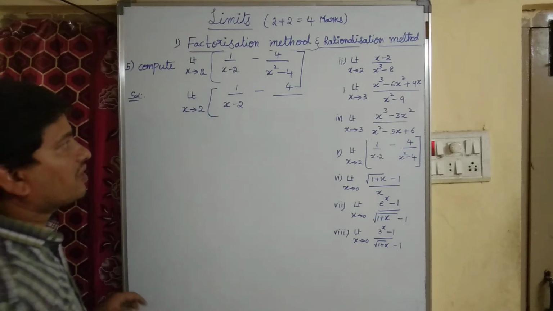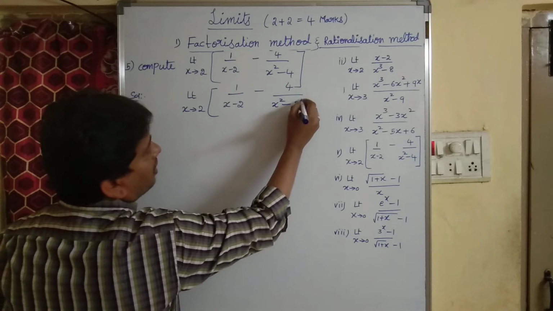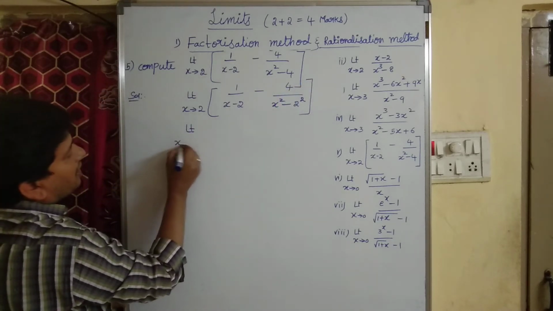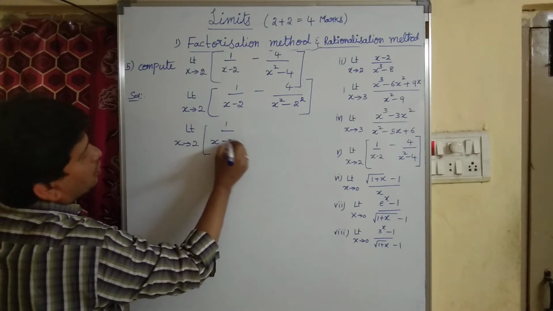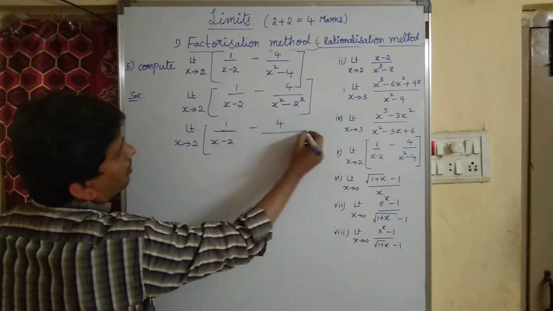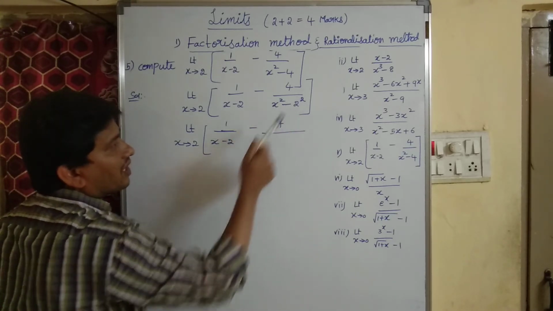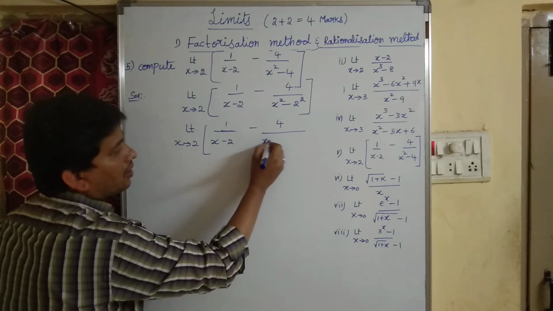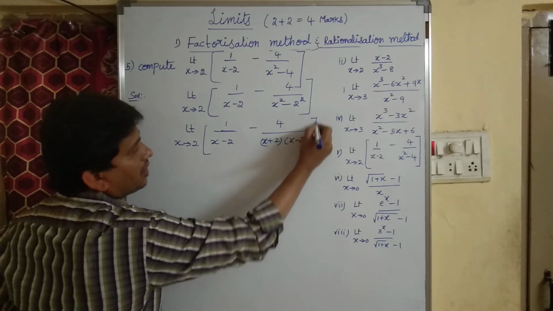How can I write x square minus 4? I can write it as x square minus 2 square. Again, limit x tends to 2, 1 by x minus 2 minus 4 by, which is now in the form of a square minus b square. What is the formula of a square minus b square? a plus b into a minus b.